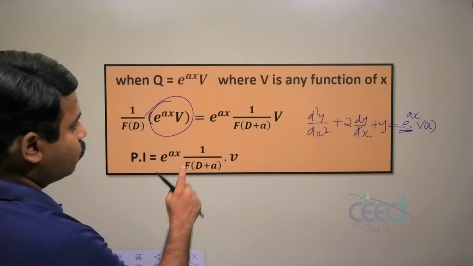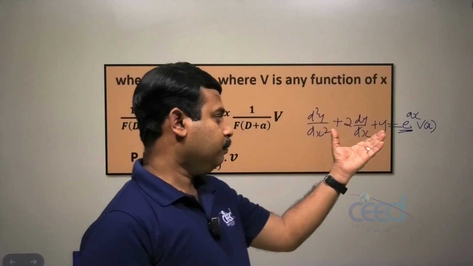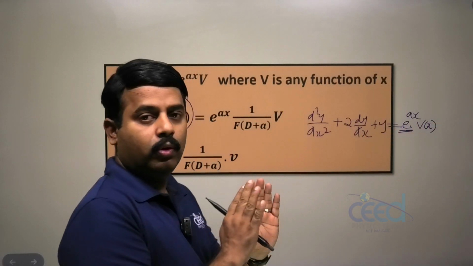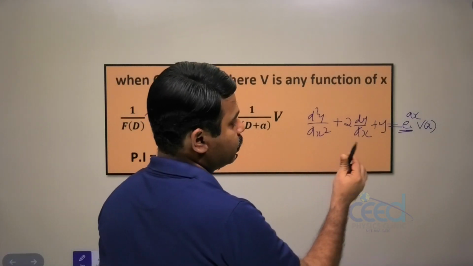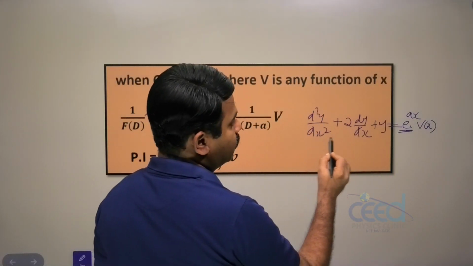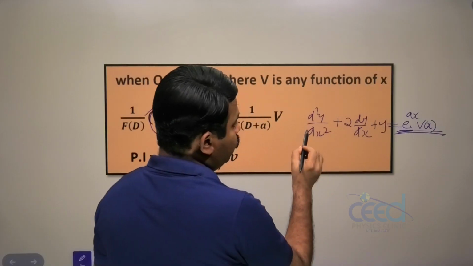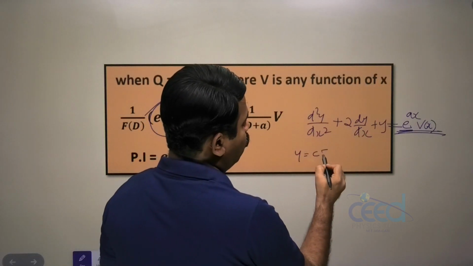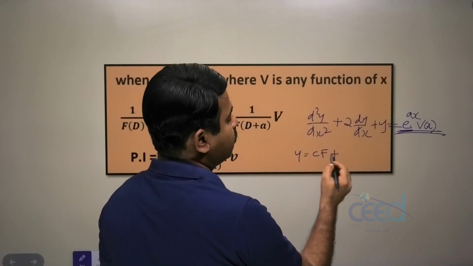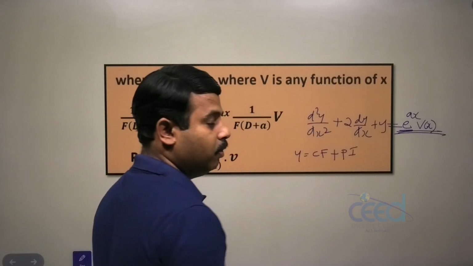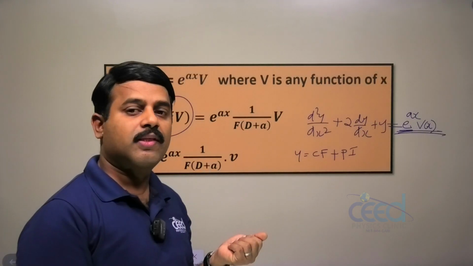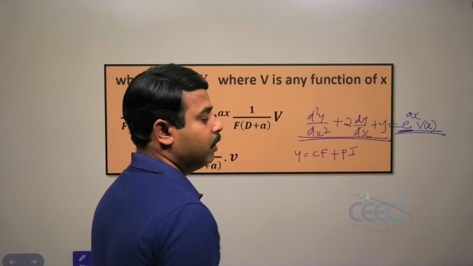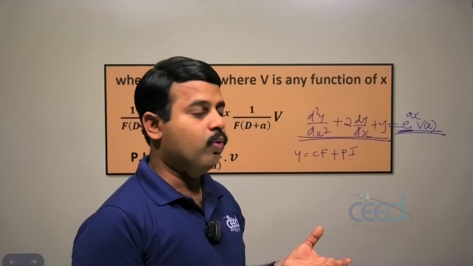So now let us go to the first method, we can do it by a problem. Suppose e raised to ax, here you find the complementary function first. So y is equal to complementary function plus particular integral, alright. Complementary function by solving the auxiliary equation, you know how to solve it.